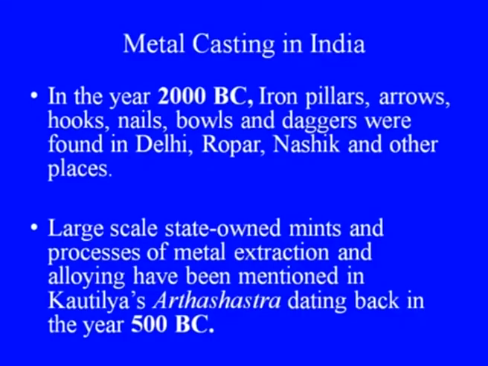Large scale state owned means and processes of metal extraction and alloying have been mentioned in Kautilya's Arthashastra dating back to the year 500 BC. In 500 AD itself, cast crucible steel was first produced in India.